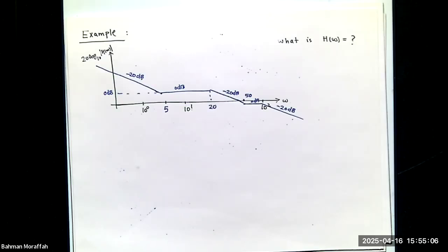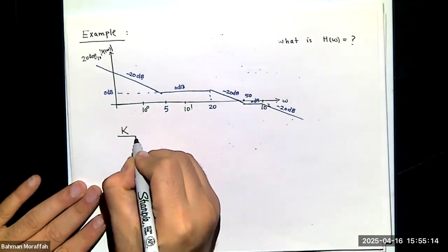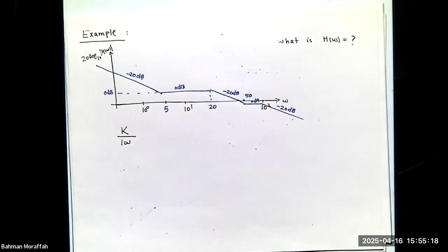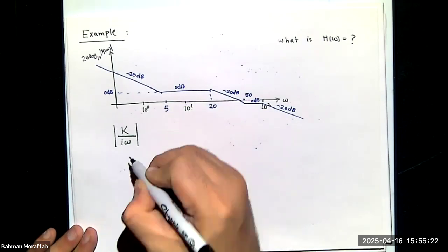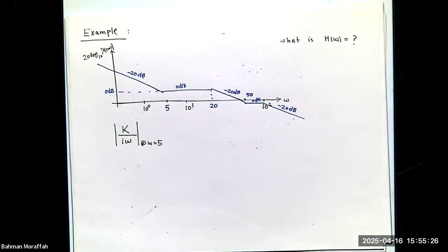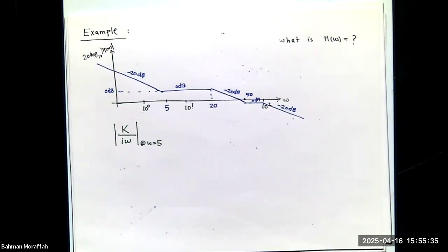So I know this line over here is k divided by some I omega. What is this value at omega equal 5? That is 0 dB, right?